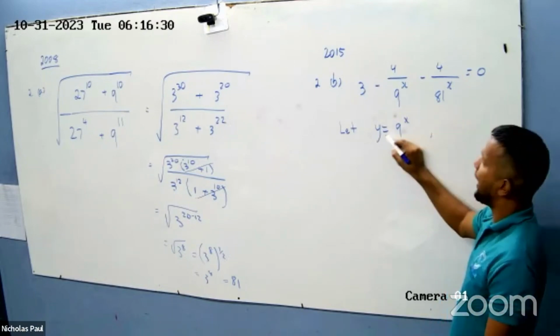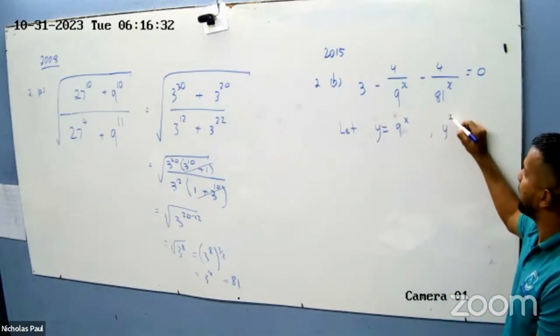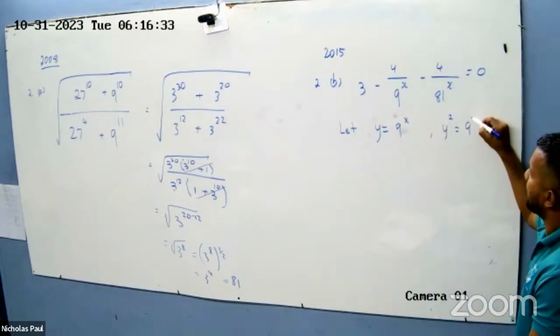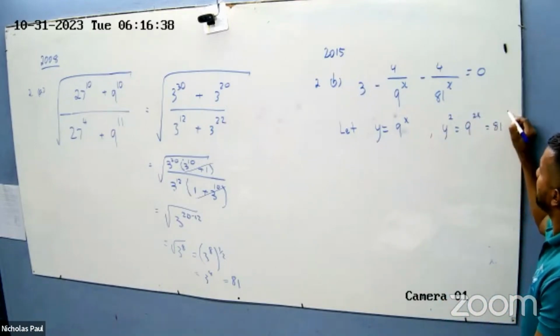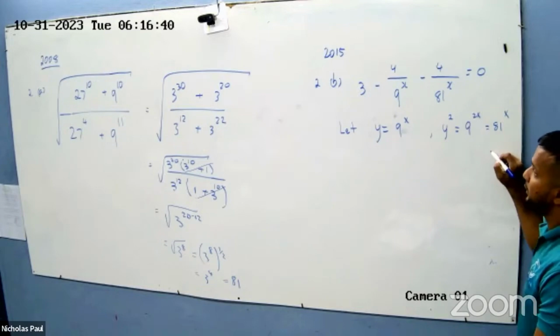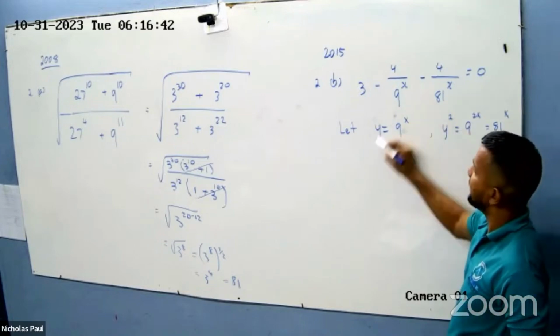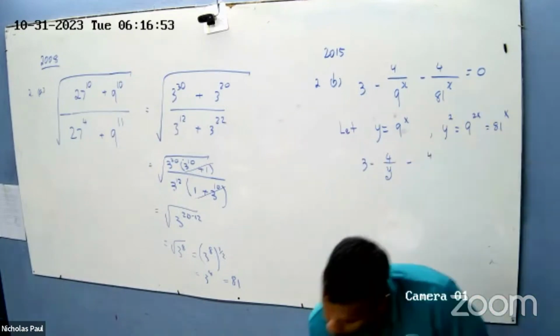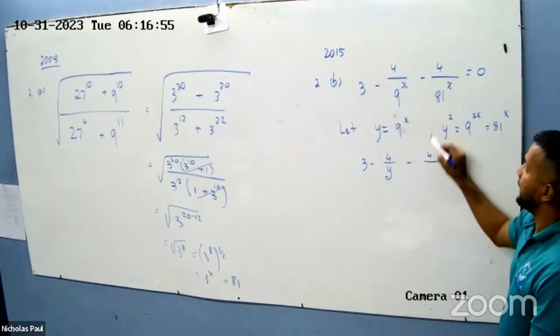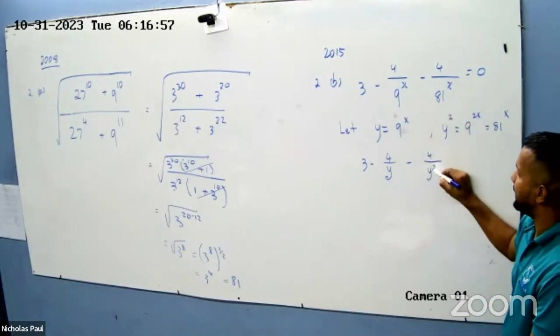So if y is 9 to the x, what is y squared? 9 squared to the x, which is the same as 81 to the x, right? So I can take off 9 to the x and write y, and I can take off 81 to the x and write y squared.